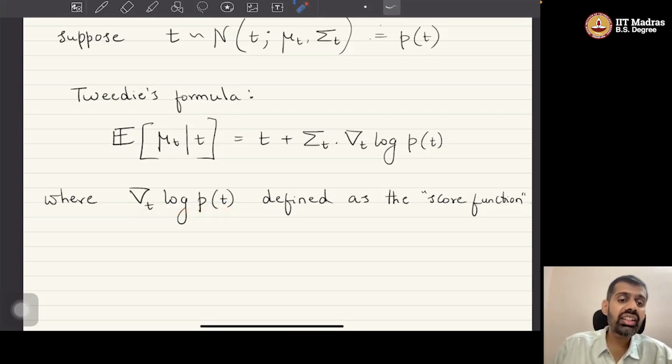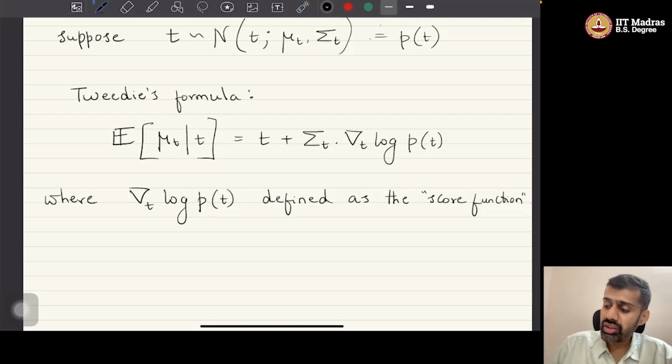So in the space of the random variables, the score points out the direction along which one needs to traverse so that we match the true distribution. So the score of the distribution is simply the gradient of the log likelihood of the distribution with respect to the random variable itself.